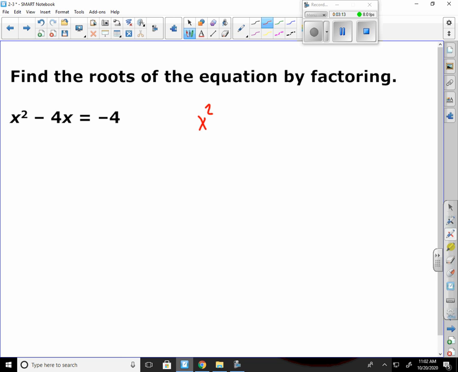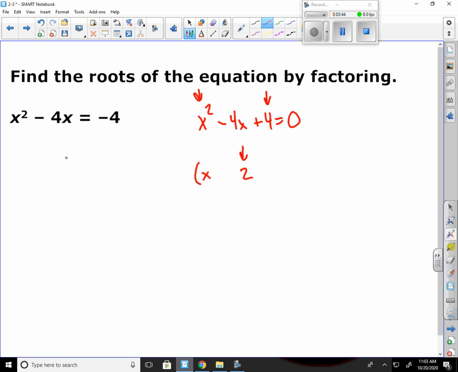I have x squared minus 4x plus 4 equals 0. That's after I've already added this 4 over to the other side. If I look at this, it's a perfect square. If I look at this, it's a perfect square. So this tells me it's x and 2. Look at the inside, 2 times 2x.